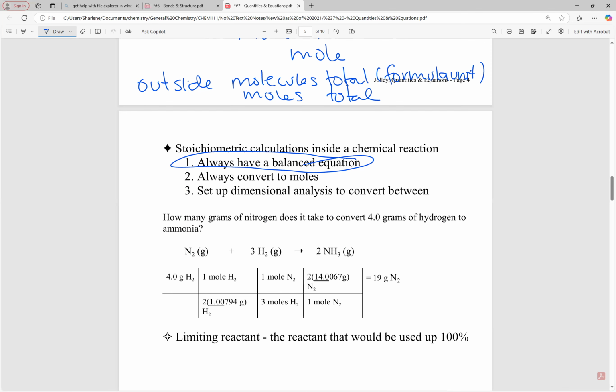You have to get the subscripts first. If you don't have correct formulas, there's no way you're going to be able to balance an equation. After you get the subscripts, then do the coefficients, and then you can use your recipe or your tool.